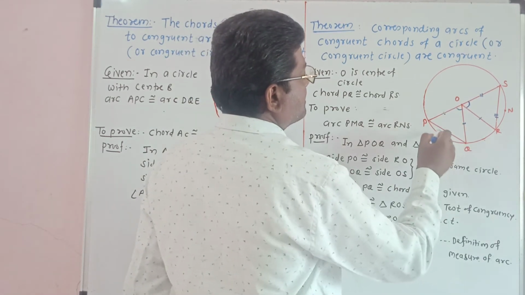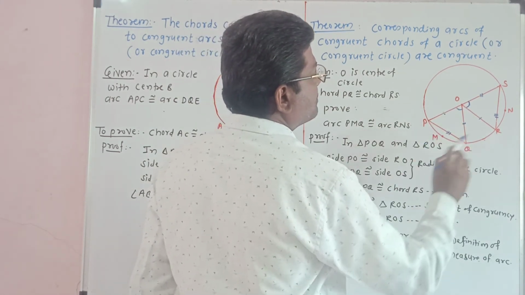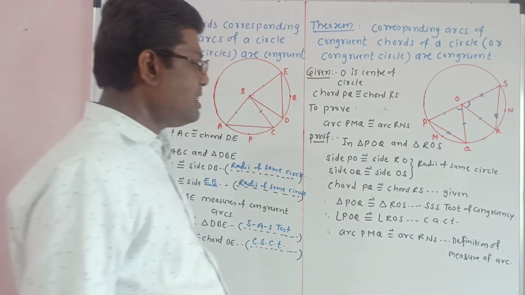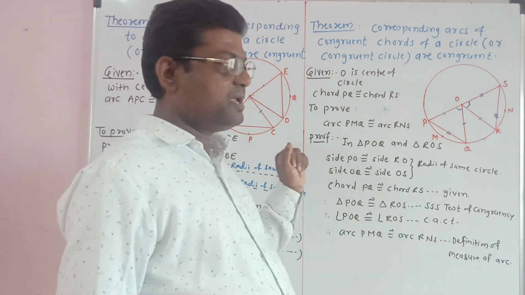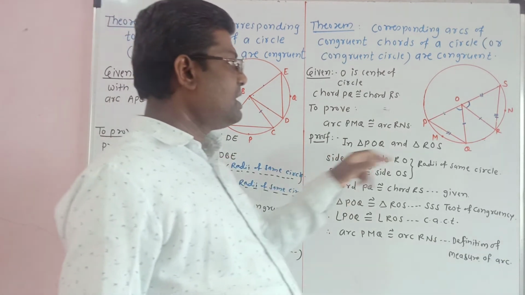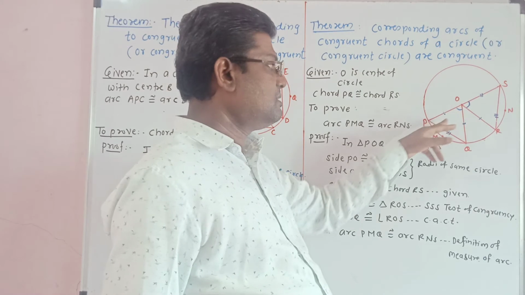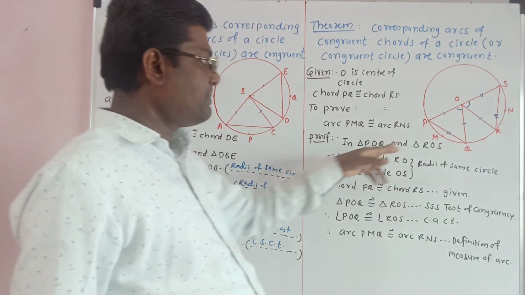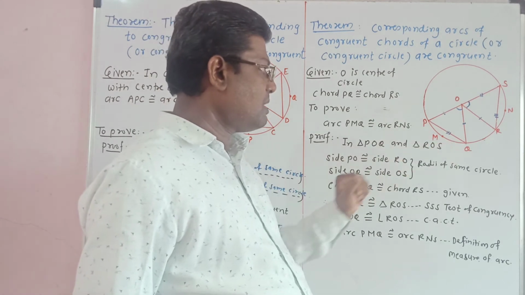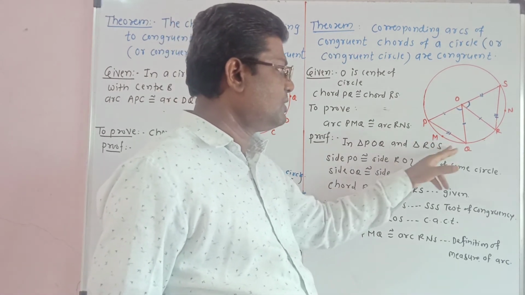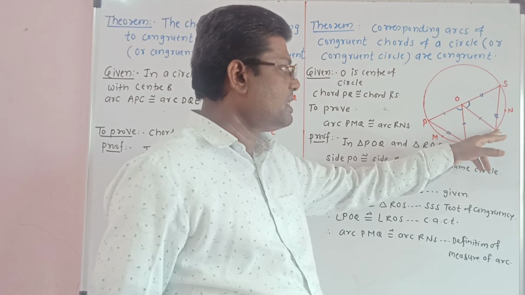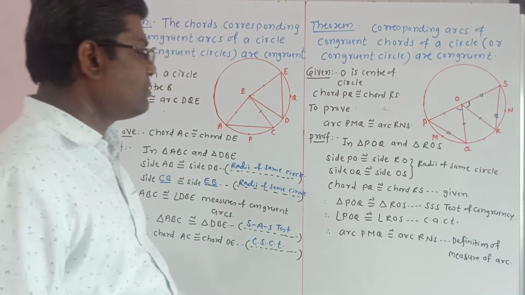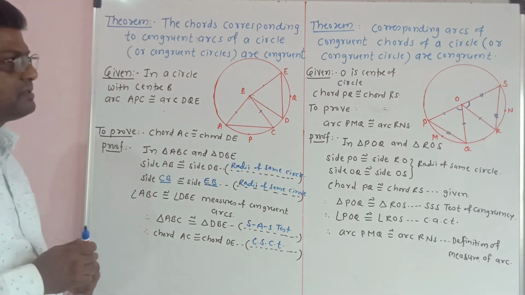Therefore arc PMQ is congruent to arc RNS, due to the definition of measure of arc, that is, the measure of the central angle is equal to the measure of the minor arc. Therefore the measure of arc PMQ is equal to the measure of arc RNS. Therefore arc PMQ is congruent to arc RNS.